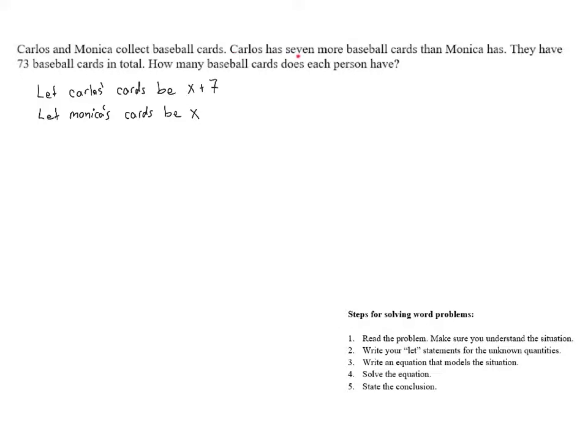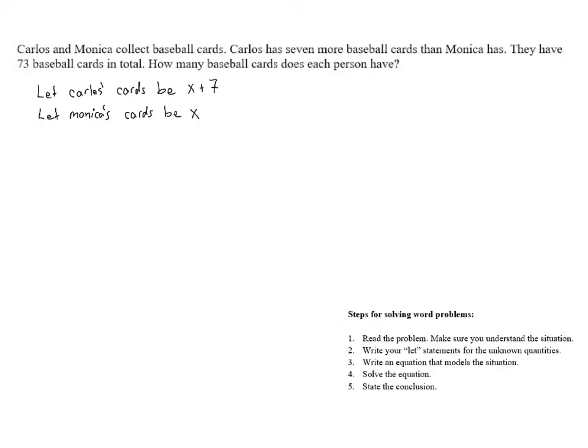If Carlos had 7 fewer baseball cards than Monica, it would be X minus 7. If Carlos had 7 times as many cards as Monica, it would be 7 times X. But basically, we need to let one of them be X and write the other ones in terms of X. And the one that's going to be X is always the one that we don't have any information about.